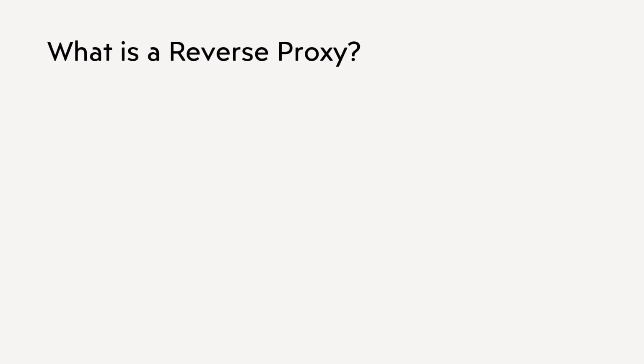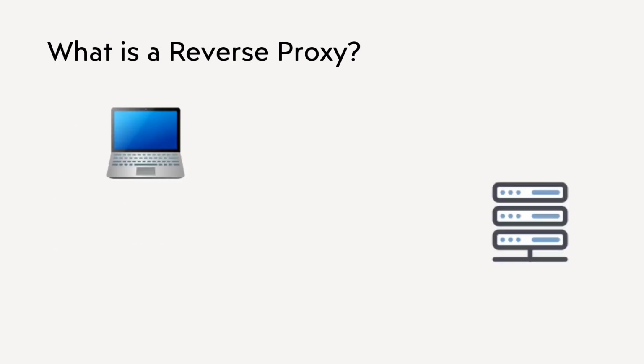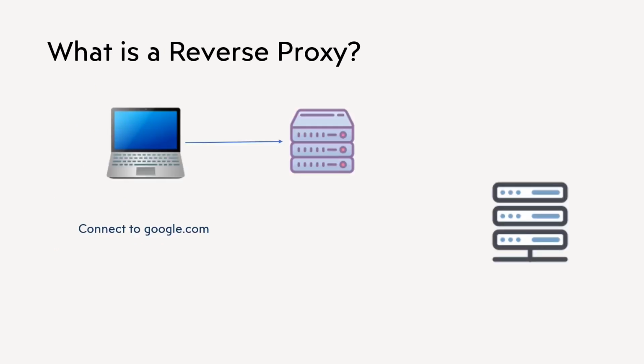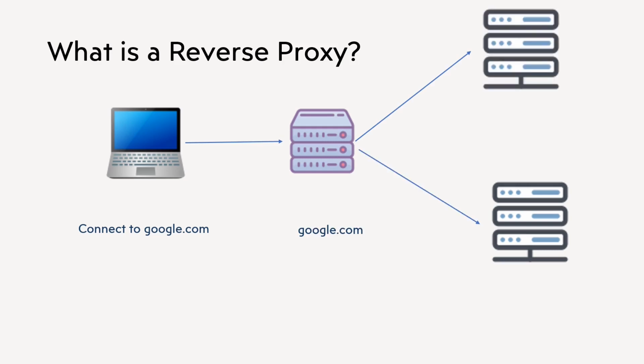Now let us understand what a reverse proxy is. For example, you want to access google.com. And google.com is not one website or one server. It may have hundreds of servers in the backend, which is hidden from the customer or user.